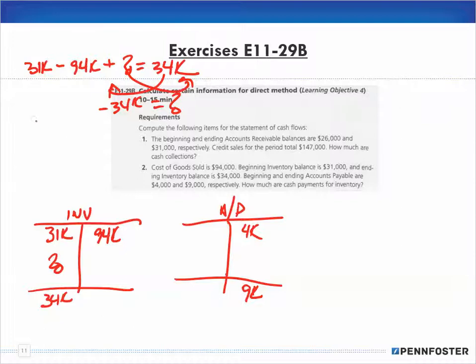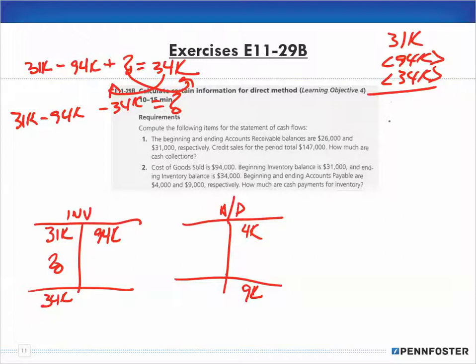And so we have 31,000 minus 94,000 minus 34,000. So we have 31 minus 94 minus 34, which gives us a minus 97,000.